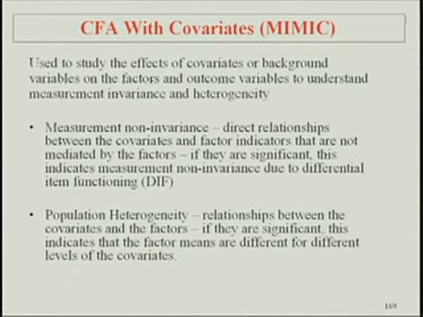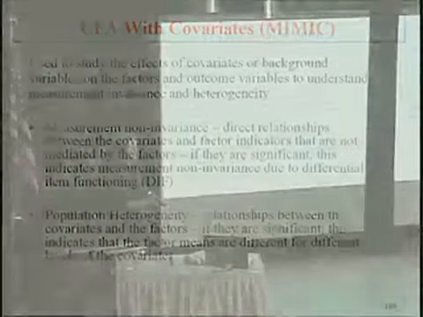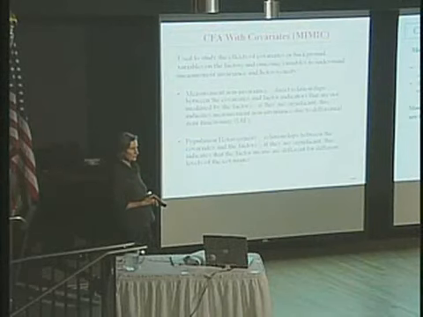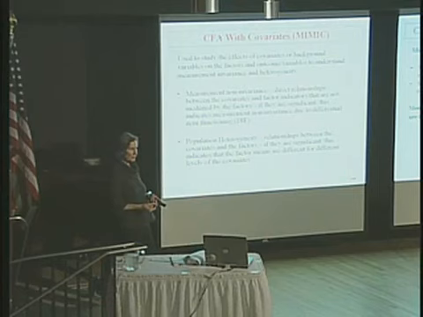So let's just remind ourselves in the model what the measurement parameters are. They're the intercepts in the regression of the factor indicators, the observed variables, on the factors, and the factor loadings. That would be the regression coefficients in the regression of the factor indicators on the factors, and the residual variance.